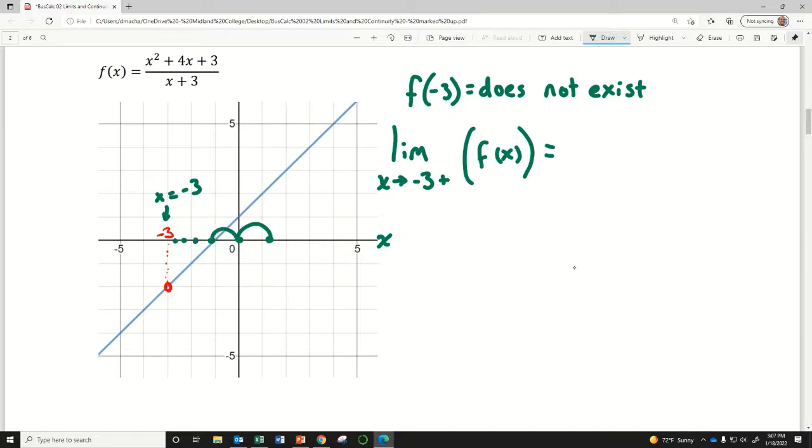And as I do this, we're going to notice when I evaluate my function at each of these points, the value that my function is approaching as my inputs get closer and closer to -3, while my function is approaching this value y equals -2 here. And so this limit, this right-sided limit, is -2.